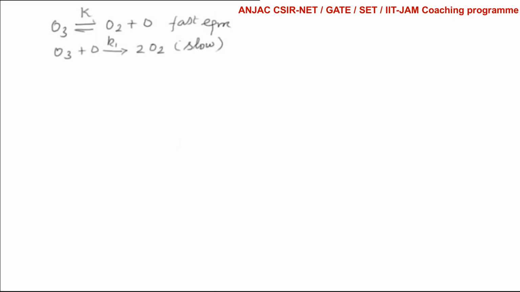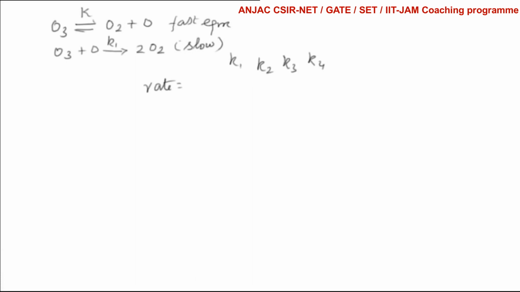And I have forgotten to tell you one thing. In multiple step reactions, that is for a complex reaction, which is the rate determining step? You have seen K1, K2, K3, and K4 in the last example with four steps. Which is the rate determining step?